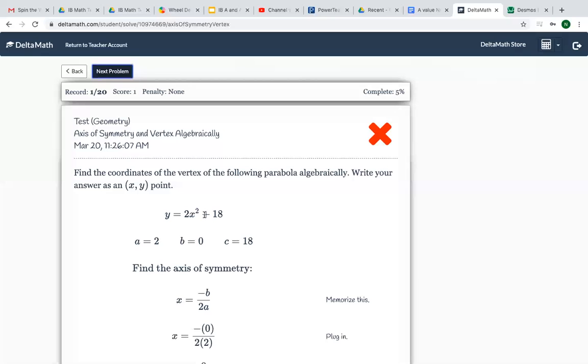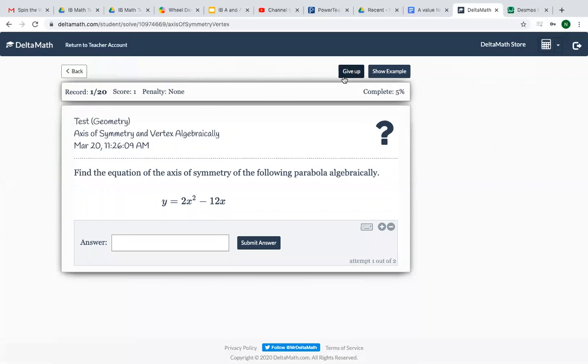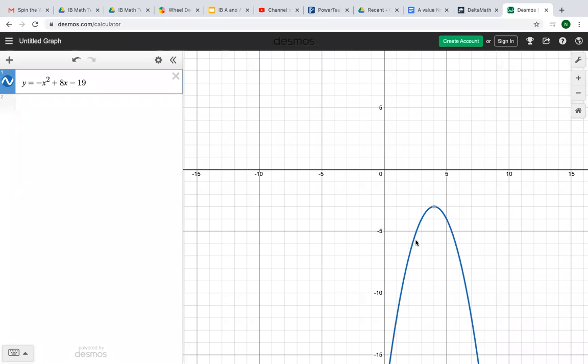But algebraically, Hudson, if you wanted to find the axis of symmetry, you can either use Desmos. So here was this one, and the x coordinate of your vertex. What's the x coordinate? 4. Yeah, so then our equation would be x equals 4.